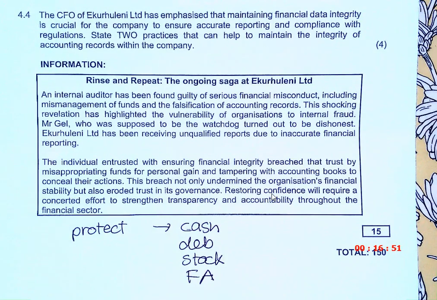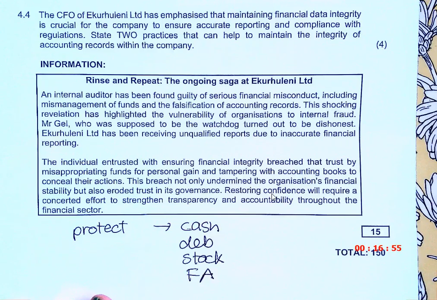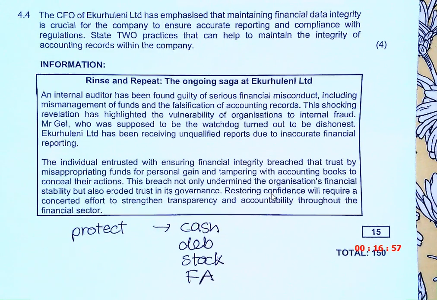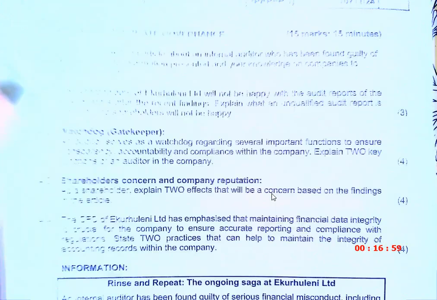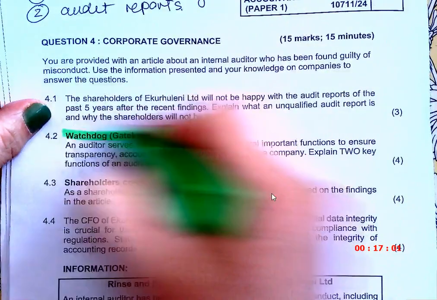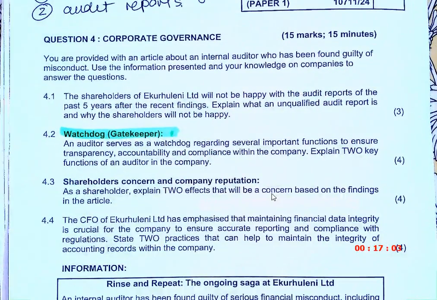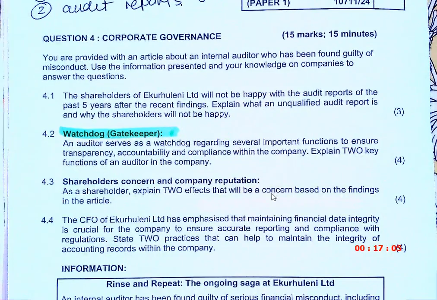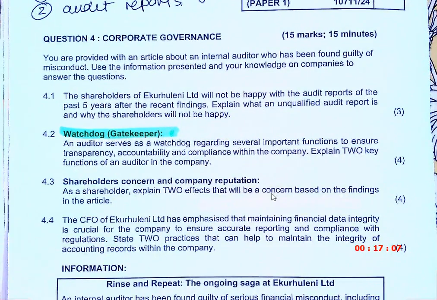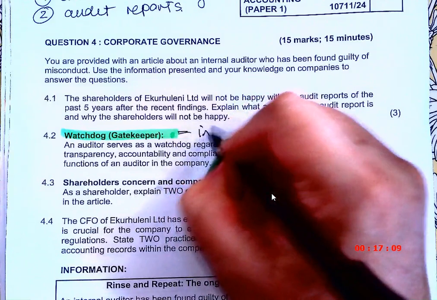Okay. So now what happened here? Now the first thing is they introduced to us new words that we didn't know. A gatekeeper or a watchdog. Now a watchdog or a gatekeeper is the internal auditor.